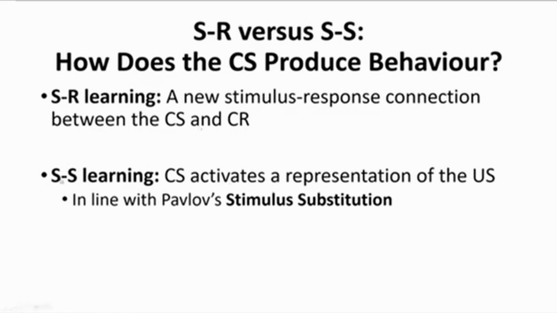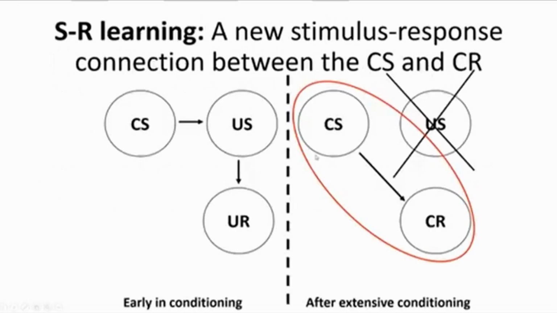This is different from SS learning, which lines up with Pavlov's view of stimulus substitution. So SS learning says that our CS is activating a representation of our unconditioned stimulus, just like what we talked about with stimulus substitution. So let's look at diagrams to see why these two are so different.